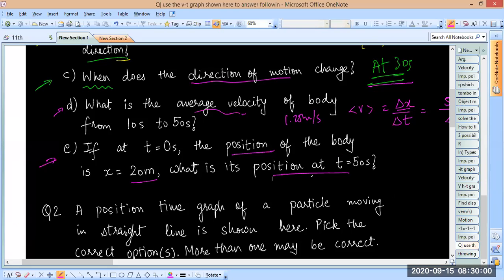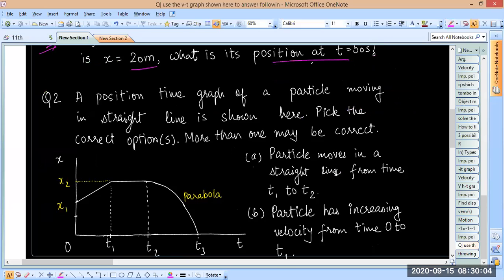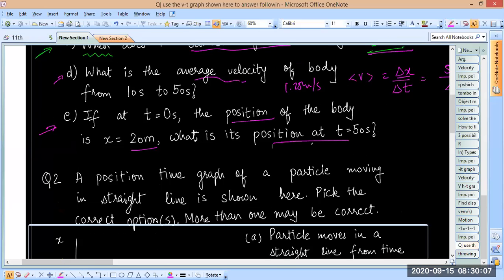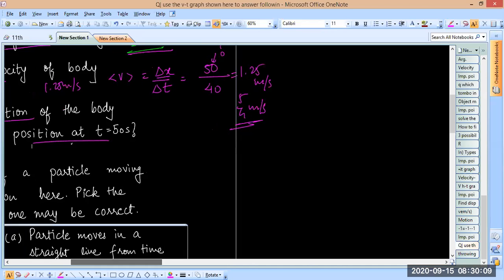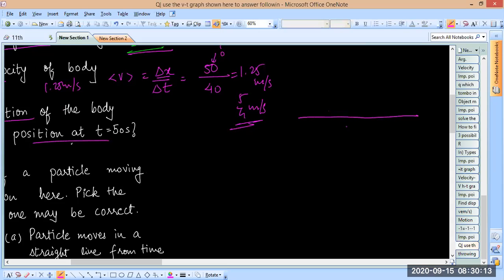Okay, let's start. So it is going to be as follows. I'm using this space to draw the picture. Suppose here is the origin, here is 20.